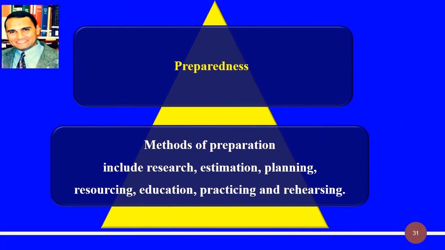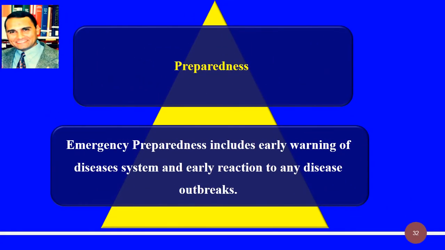Methods of preparation include research, estimation, planning, resourcing, education, practicing, and rehearsing measures. Emergency preparedness includes early warning of disease and early reaction to any disease outbreak occurrence.